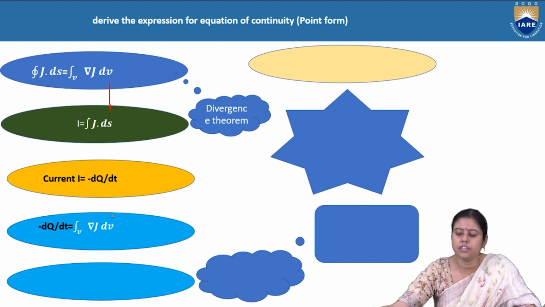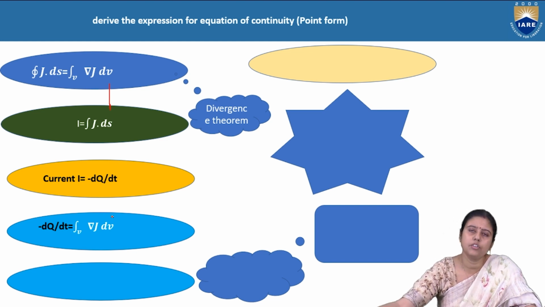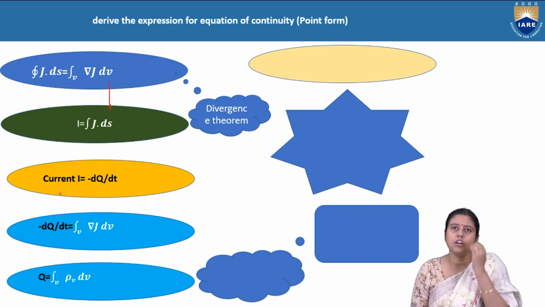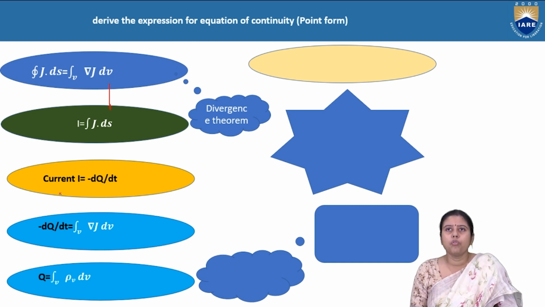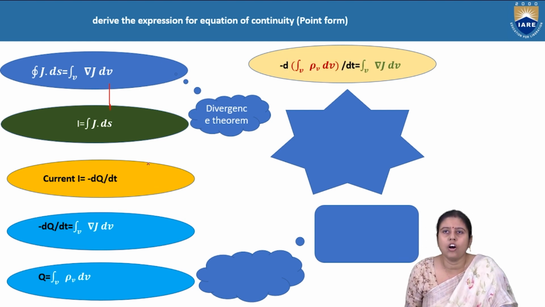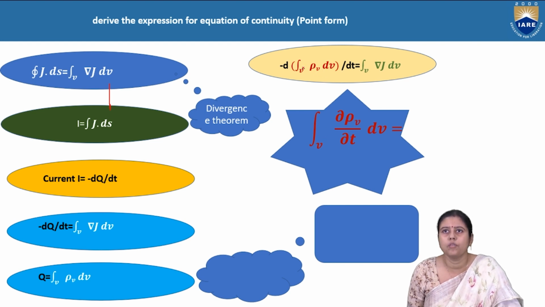What is Q? Q is equal to rho v into V. So we can write Q is equal to the integration of rho v dV. So minus d of the integral of rho v dV by dt is equal to the integral of grad J dV.